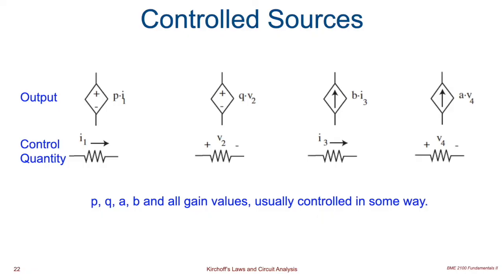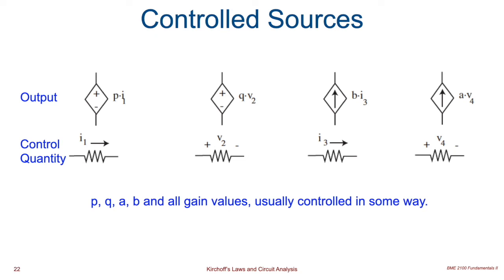And so here we have schematic symbols for these. These come right out of your textbook. We have an output that could be a voltage output, the two on the left, or a current output, the two on the right. And it could be controlled by current or by voltage. So we have four different options, and hence four different symbols.